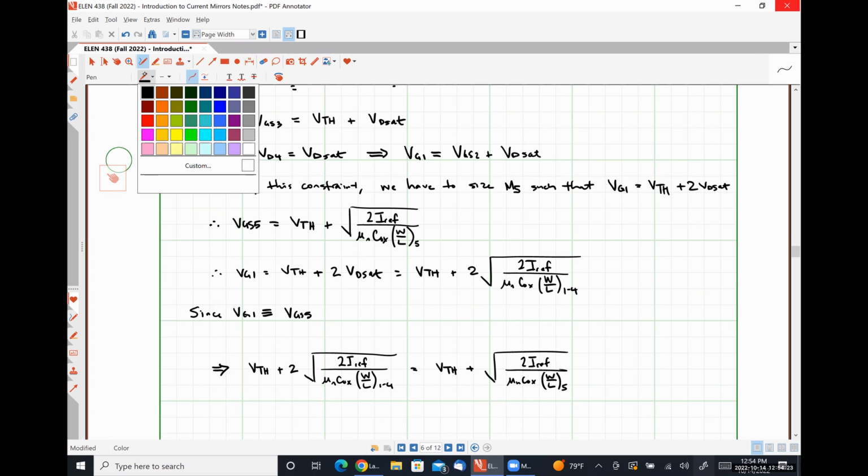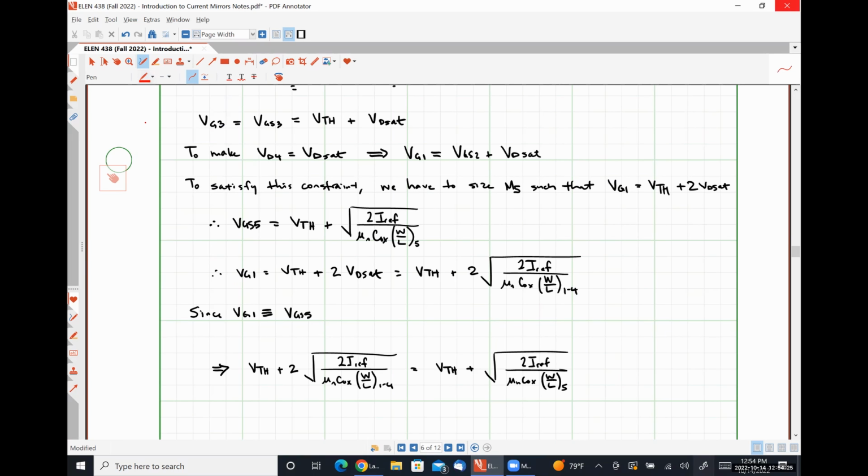So hopefully we can see that we can subtract a VTH from both sides, eliminating that part.